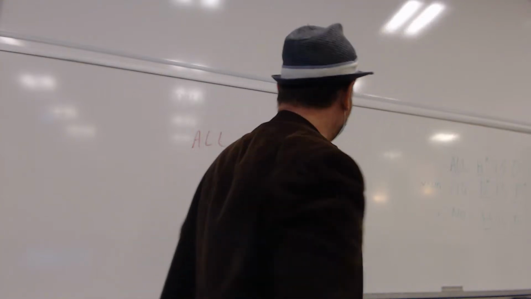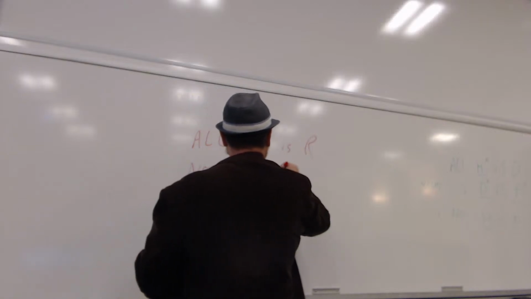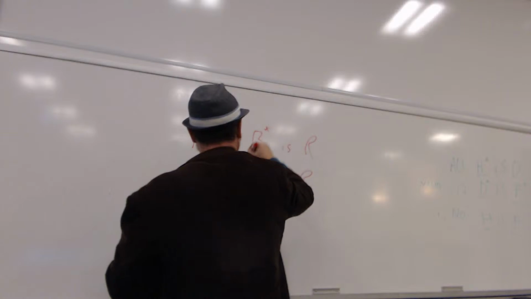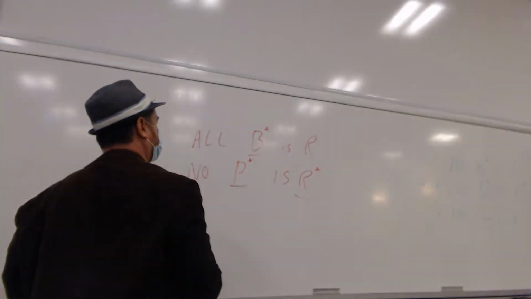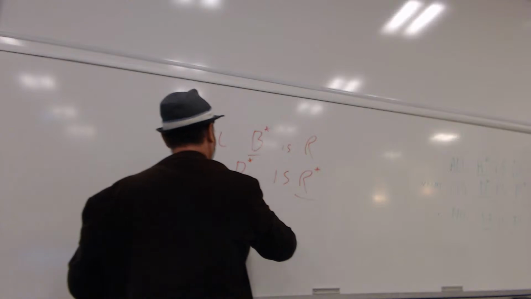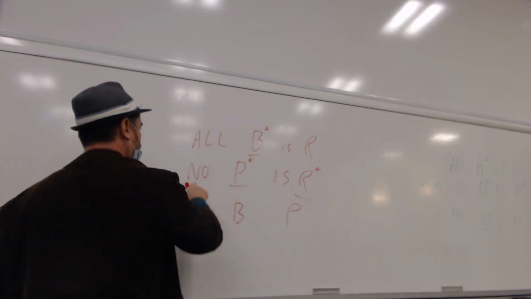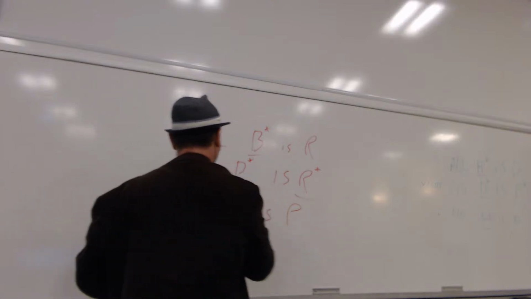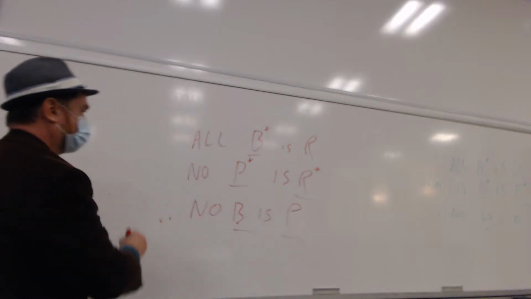No P is R. Do a mini star test. Looks promising. Then we decide what we need in the conclusion. We need a B and a P. We need a universal term. It's going to be universal negative. And it's valid.